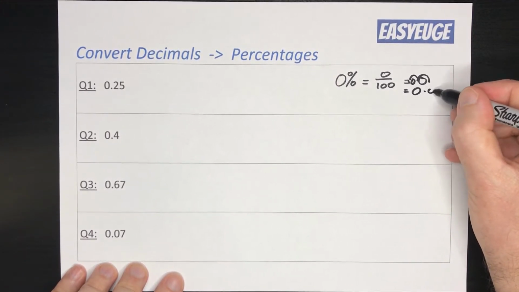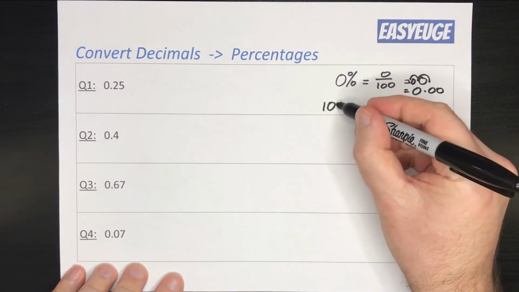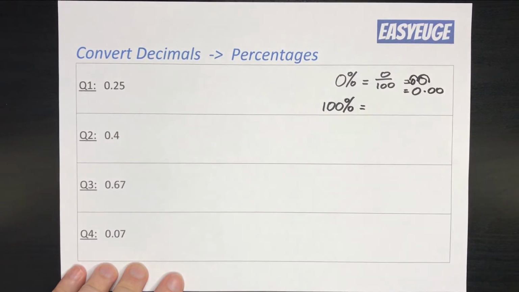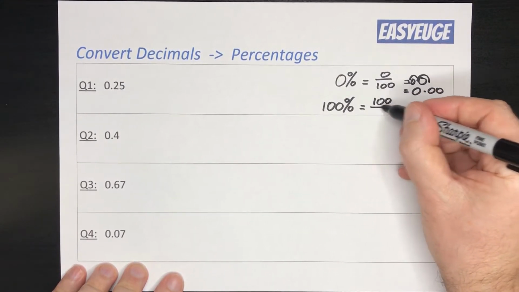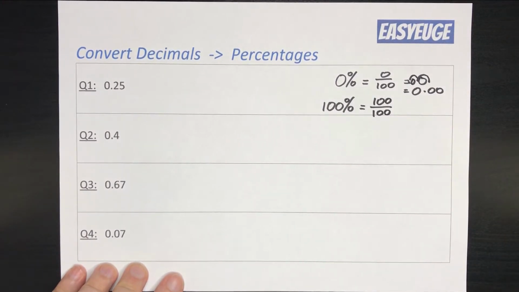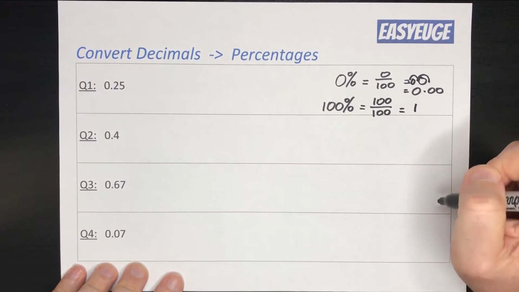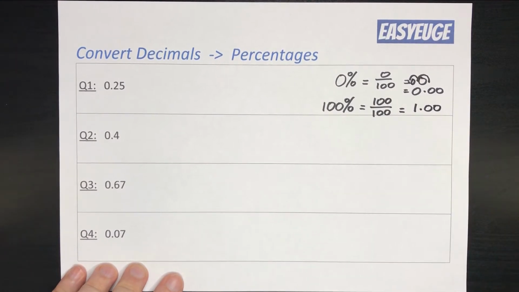We would have 0.00. If I had 100%, what does that look like as a fraction? It's 100%, which means per 100. 100 divided by 100, and we know that answer is 1. And 1 is the same as 1.00 when we write it as a decimal.